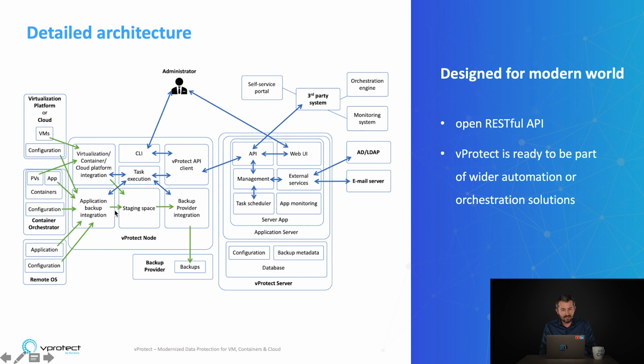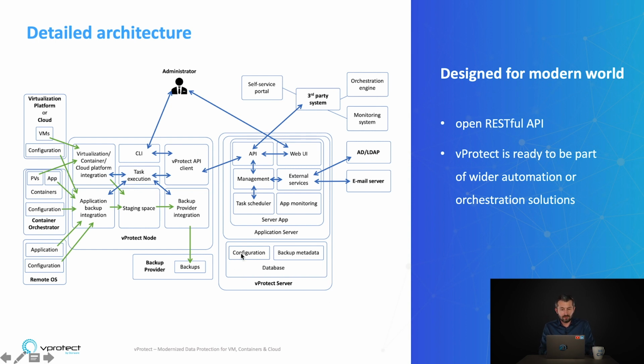We take in this data, and in the green line you can see we need to put this data on the staging space. This space will be allocated on one of our VMs that is installed on the Nutanix cluster, and later we send the data to the specific backup provider, like I said, it can be object storage, file system, or other players.